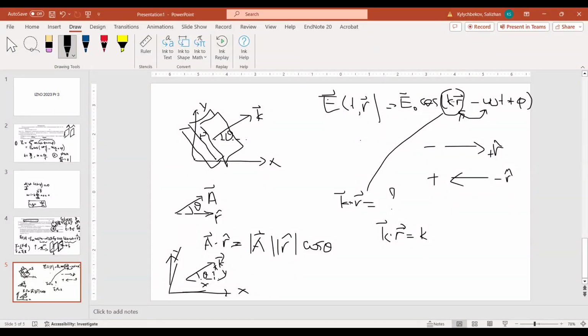K times cosine theta times X, да? K times cosine theta times X plus K times small угол, да? Y бұл угол между ними. This is alpha дейли. K times cosine alpha times Y, да?